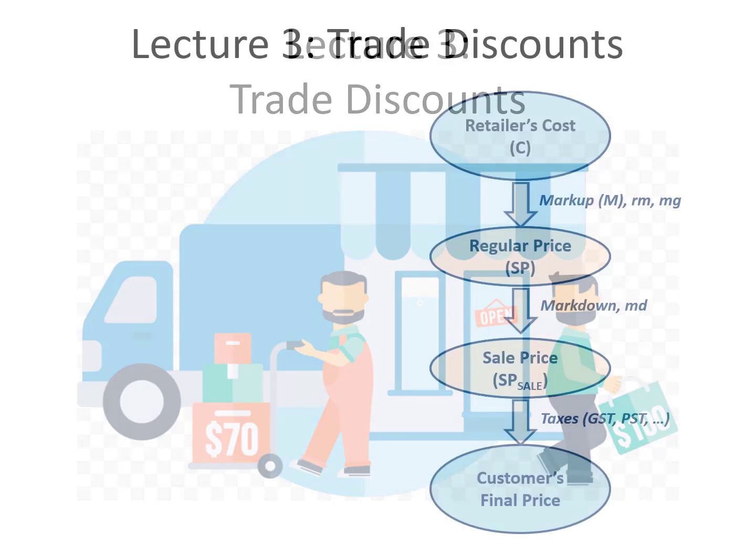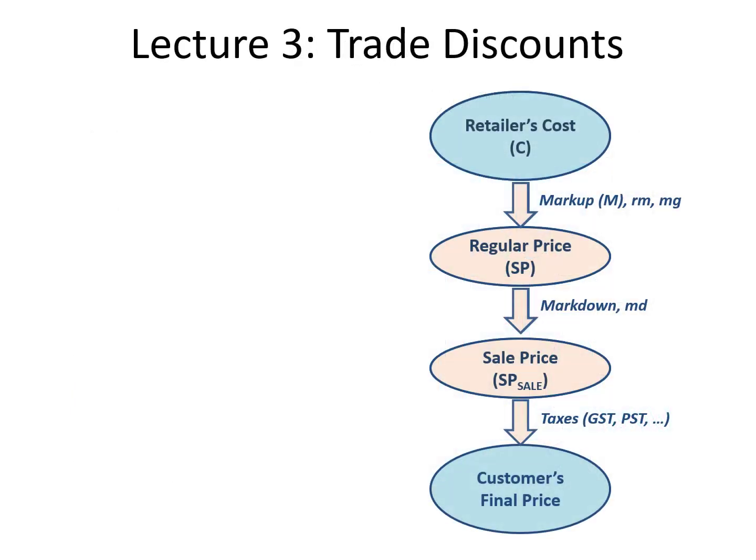What we've worked on so far is that when we have a retailer, they have a cost, they mark it up to get to a selling price, and then they mark it down if they want to put it on sale. Now they don't have to do that, but if they choose to put it on sale, it's a markdown process from the regular price.